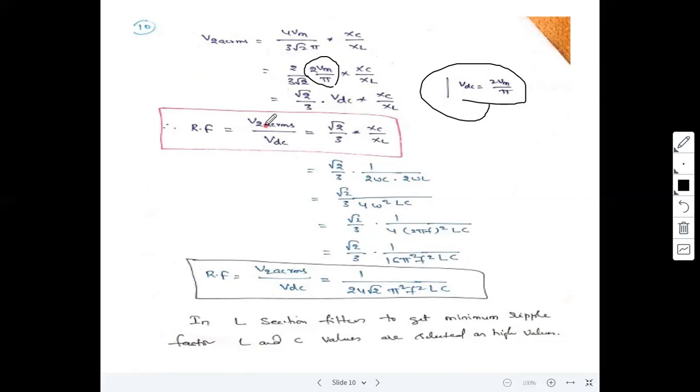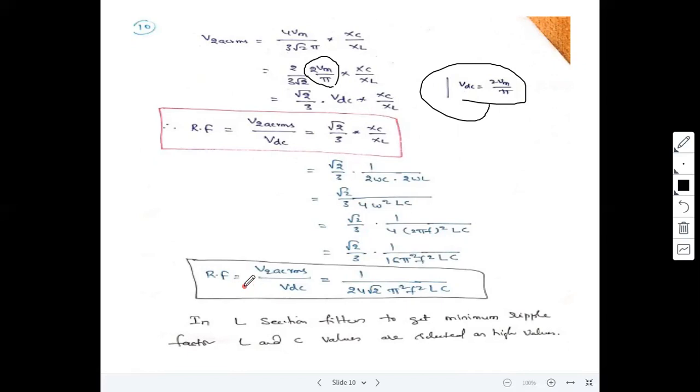Now ripple factor is equal to V2 AC RMS by VDC, that is equal to root of 2 by 3 into XC by XL. Now XC is equal to 1 by 2 omega C, and XL is equal to 2 omega L. Then root of 2 by 3, 1 by 4 omega square LC, after the normal simplification.